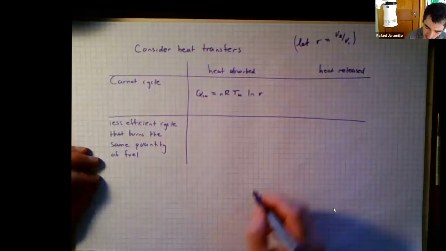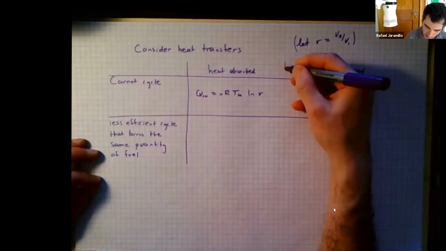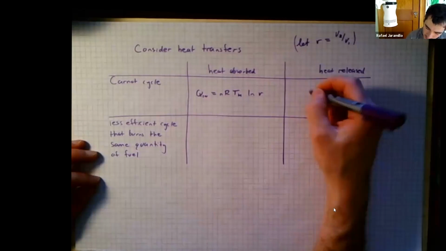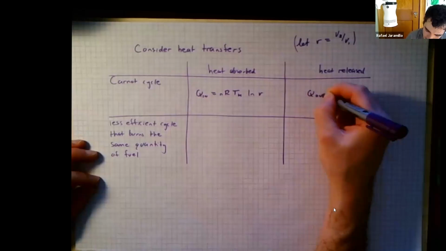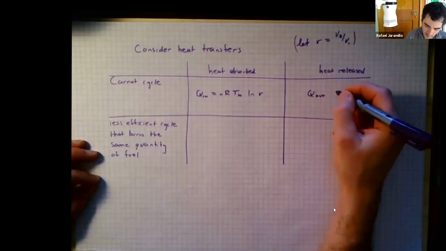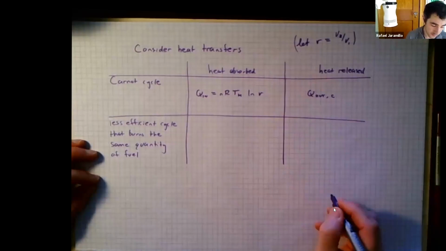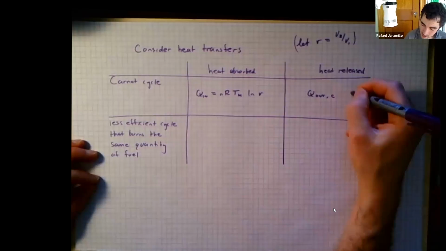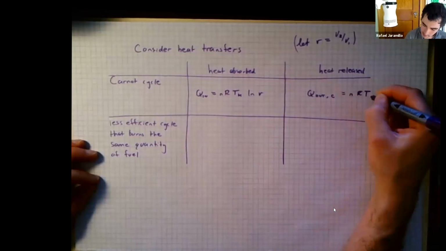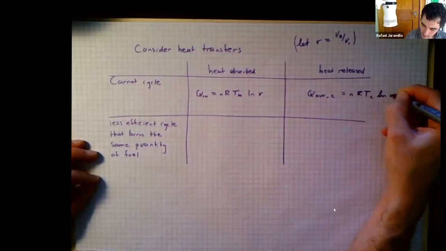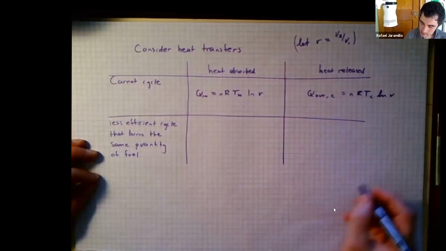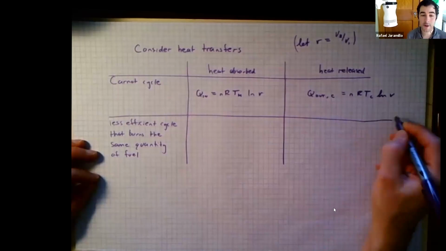So that's the heat absorbed. And the heat released, we'll call this Q_out Carnot, equals nRT_cold log v. Now, that was just copying results from the previous slides.